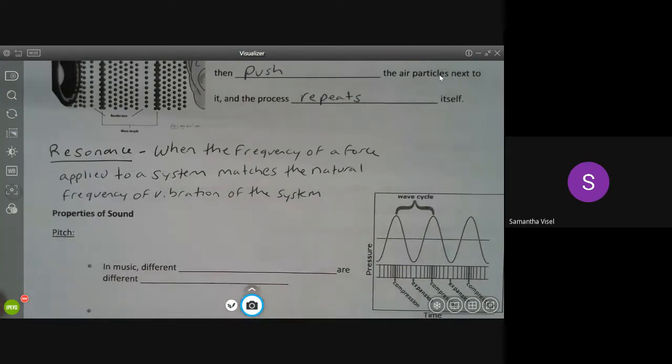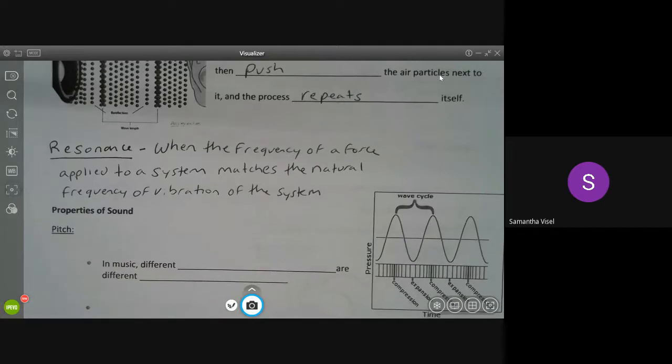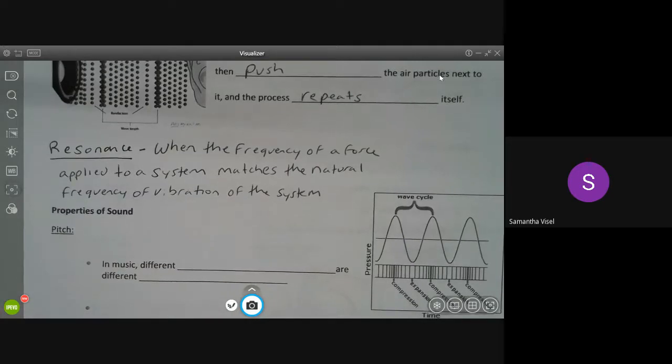Resonance is a phenomenon used in music, in playing musical instruments. All of our different musical instruments, whether it be a guitar string or blowing into a flute, are made of materials that can be set into vibration at a particular frequency.